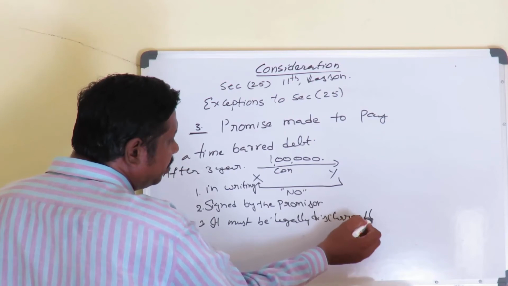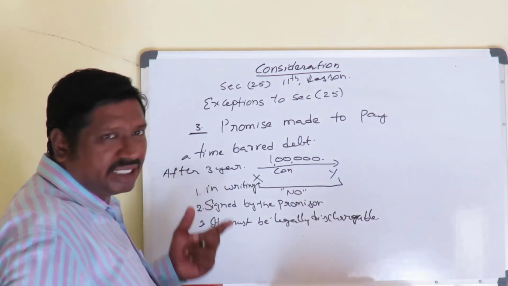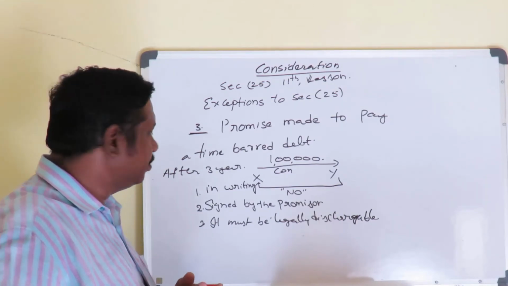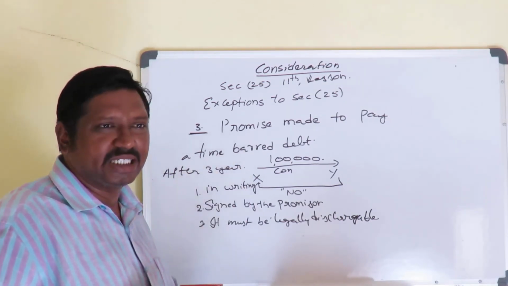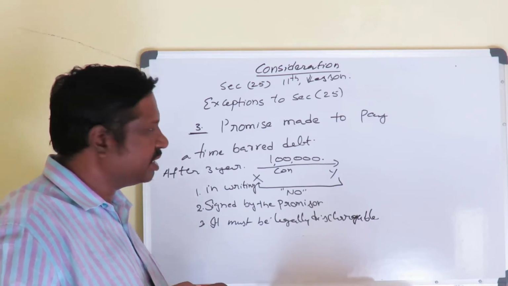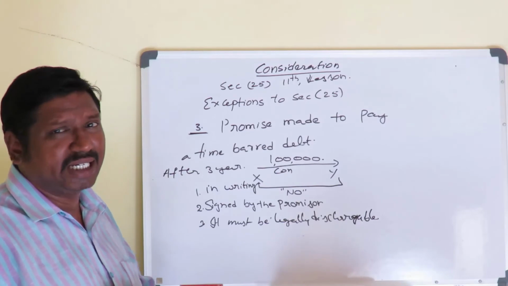In writing, you may understand very easily. Signed by the promisor: of course, when Mr. X is promising to repay the time barred debt, he must sign the document. And what do you mean by legally dischargeable?